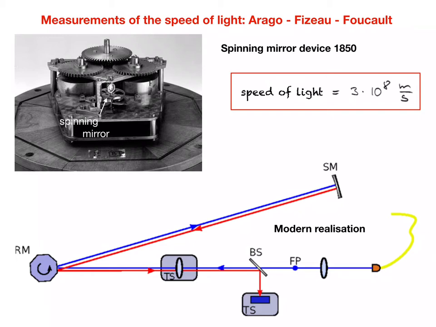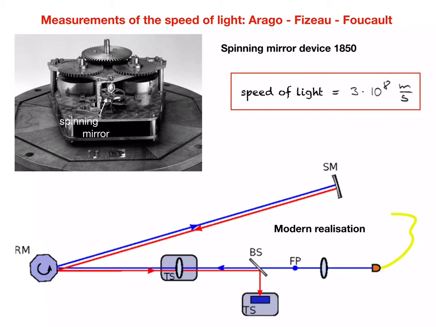The sketch shows a modern realization of the rotating mirror experiments carried out by the three Frenchmen. A laser beam is projected onto a rotating mirror Rm and reflected to a distant mirror Sm. On return, the rotating mirror has moved, and only for a certain rotational velocity the image of the laser beam will be projected back into the camera.